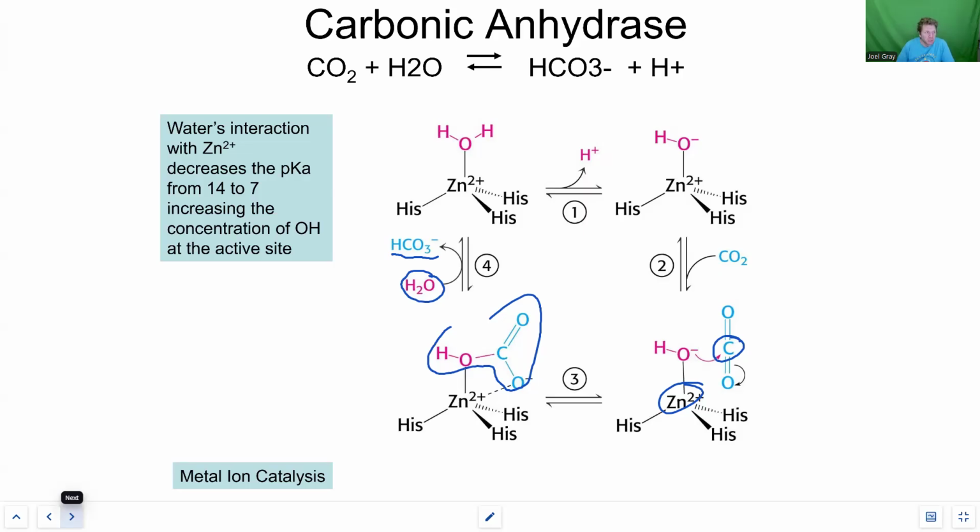We have basically a metallic bond between our oxygen and our zinc, but we don't have any sort of covalent bond formed between our substrate, either the water or the CO2, and our enzyme. Because the histidine, it's almost like there's a buffer that exists, or kind of a barrier that exists between the histidines and the substrates.